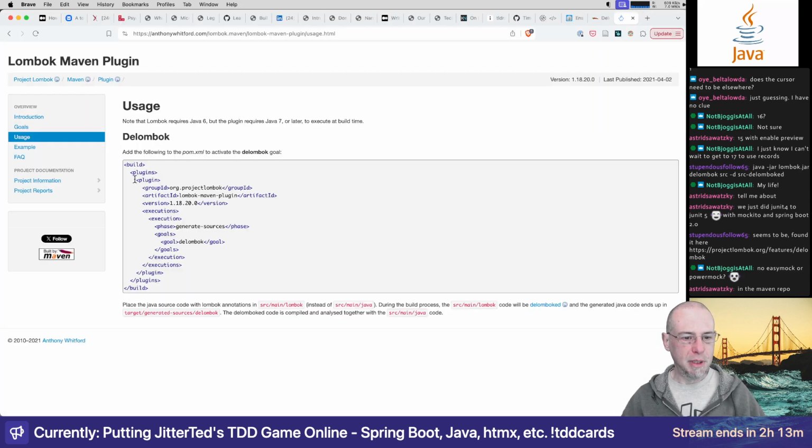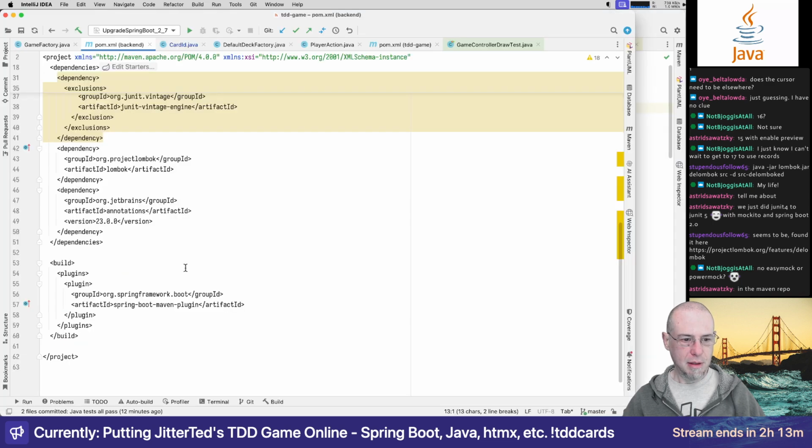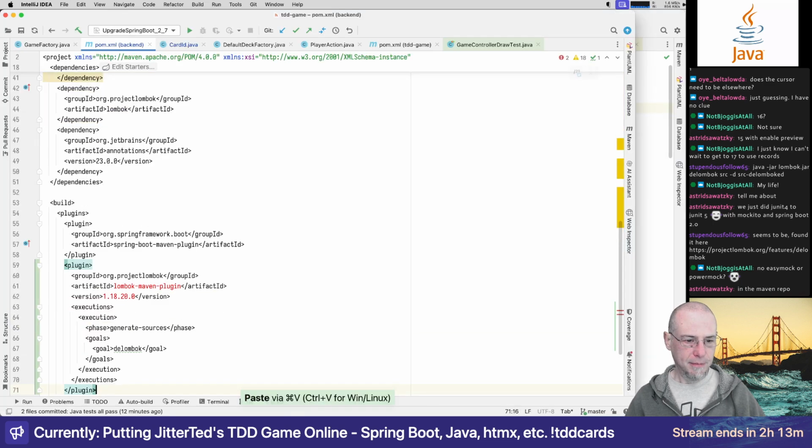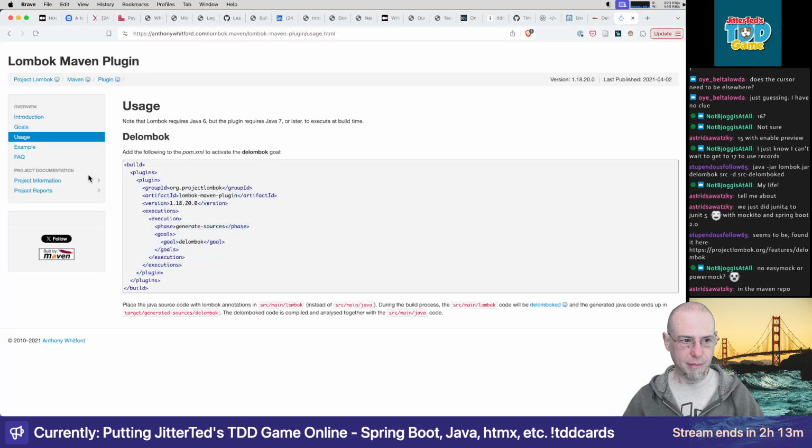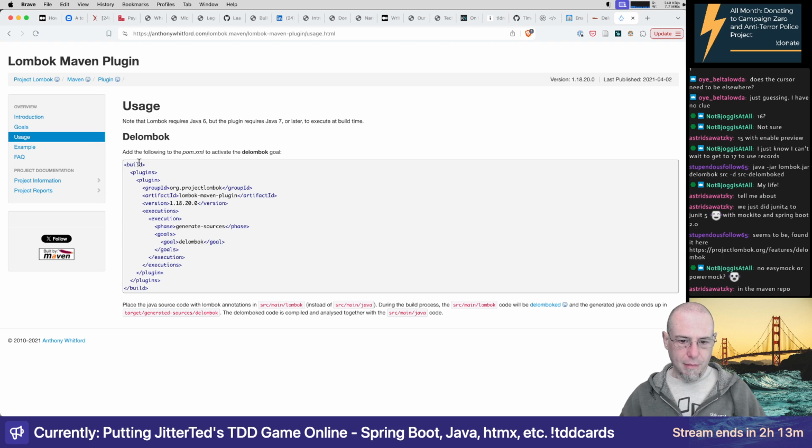So let's grab plugin. And let's let it find it. There it is. Oh, that's weird. It expects the code to be... I don't want that.